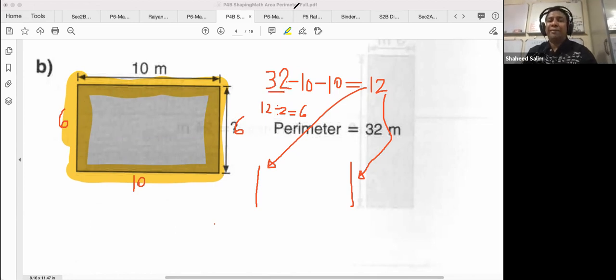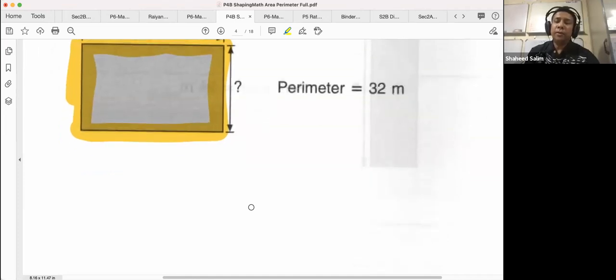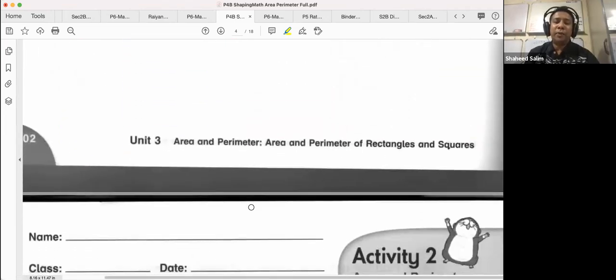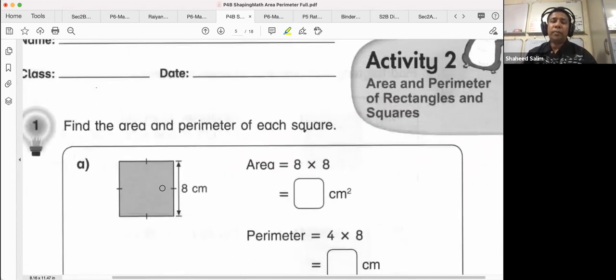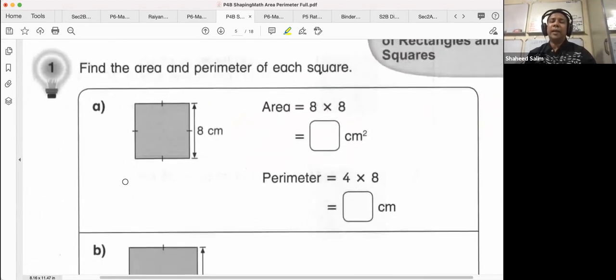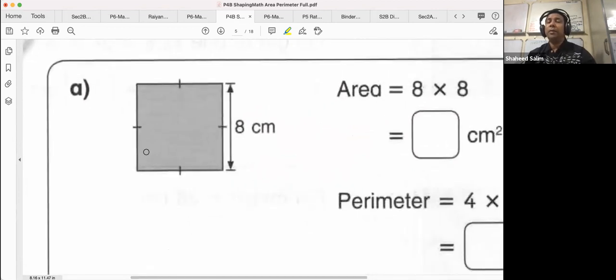Okay, now the students have left me all alone down here. I do not know what am I going to do, talking to nobody. Very bad now like that. How come you are going to leave your teacher all alone down here? Okay, we try now. They ask you to find the area and the perimeter.